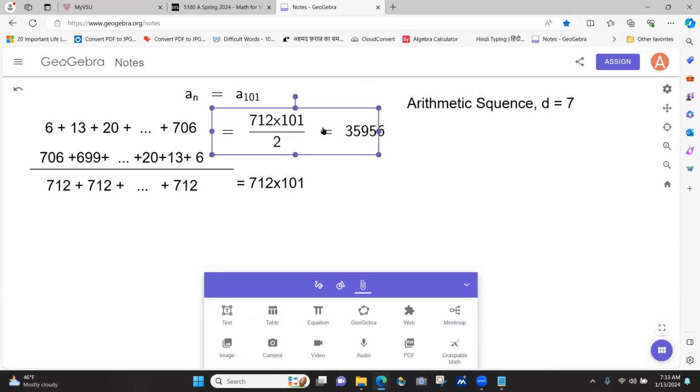All right, so we have it. So we learned how to do Gauss.